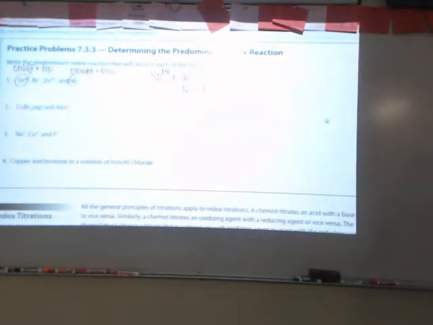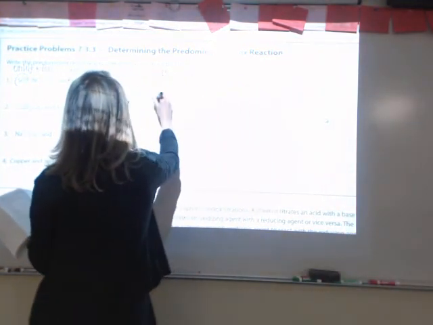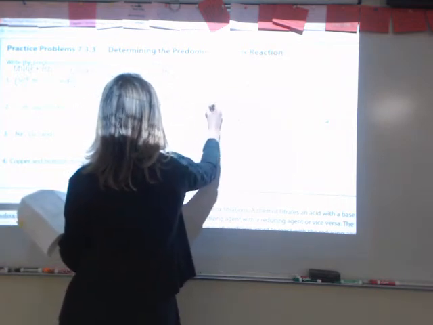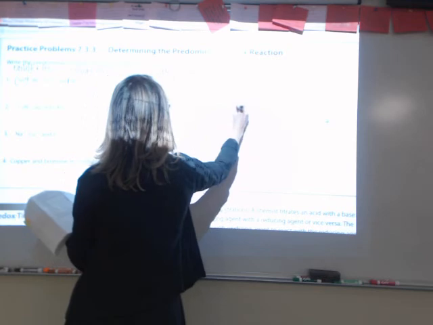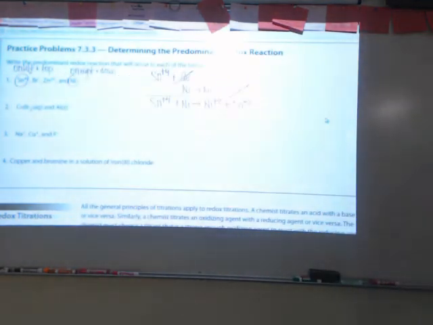And then since the number of electrons matches in each half reaction, I can cancel the electrons. And this is the overall process that you're left with. Does this make sense? Okay.